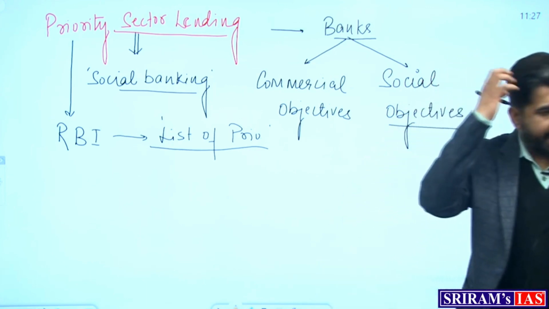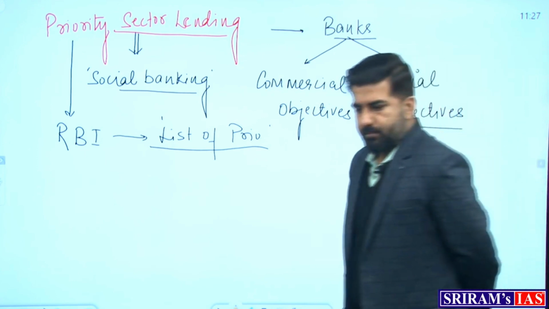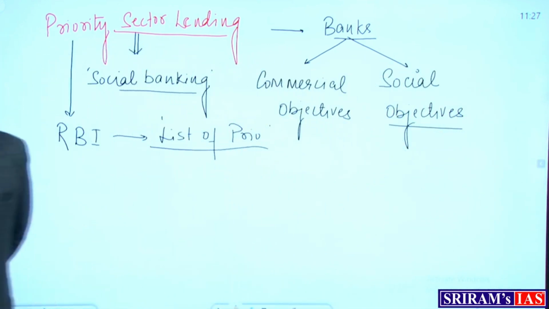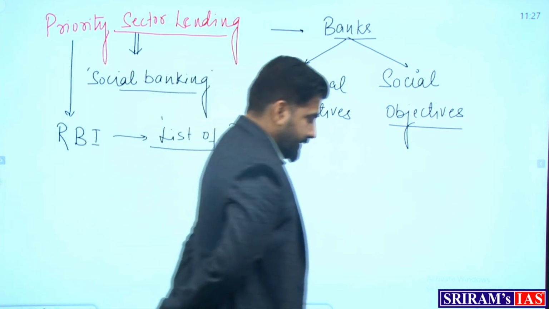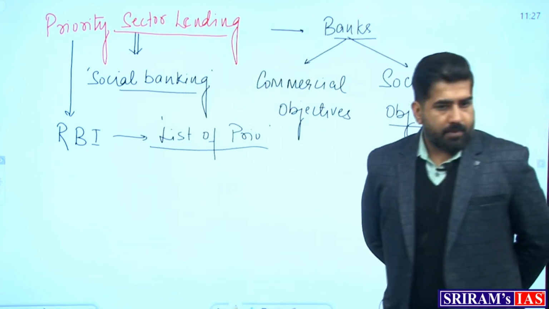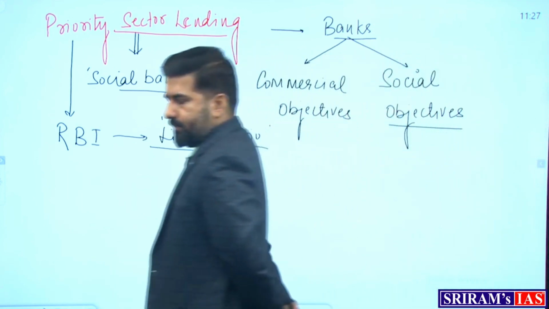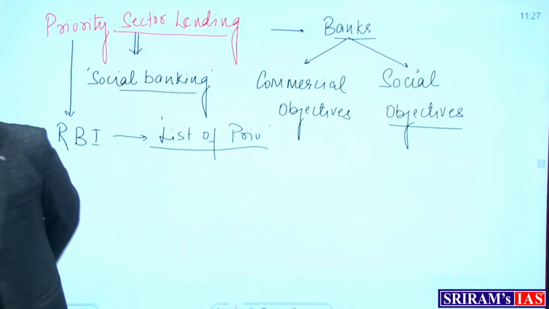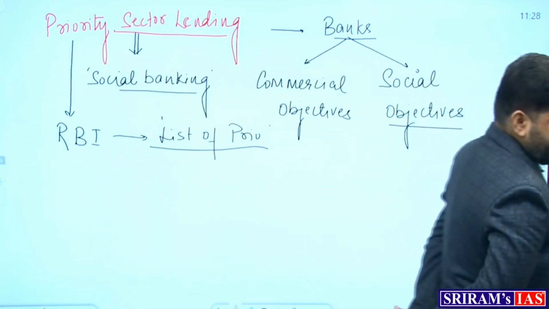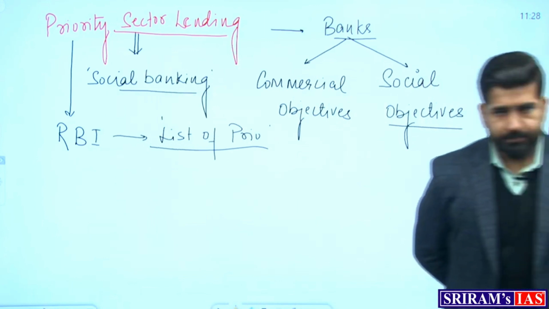Third subpoint, export credit. Fourth subpoint, education. Fifth subpoint, housing. Sixth subpoint, social infrastructure.